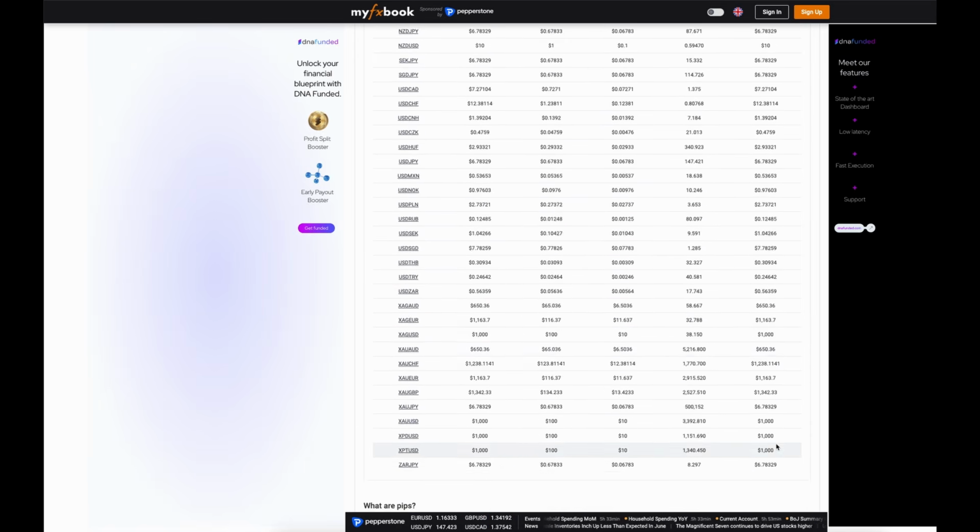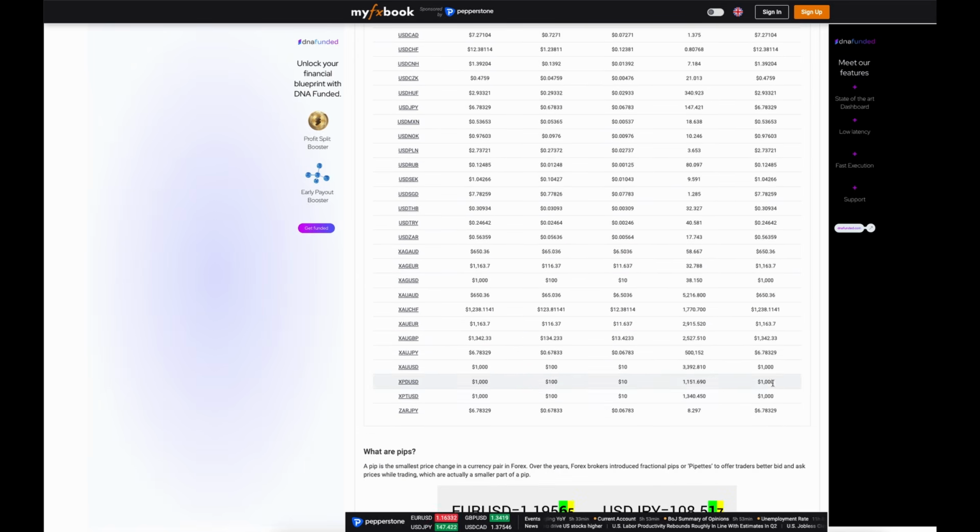Okay, so let's look at how many pips gold has. You can see gold, it is $1,000 per pip. So gold will move $1,000 when you're using a standard lot size. When you're using a standard lot size on gold, it is going to move $1,000. Just keep that in mind.